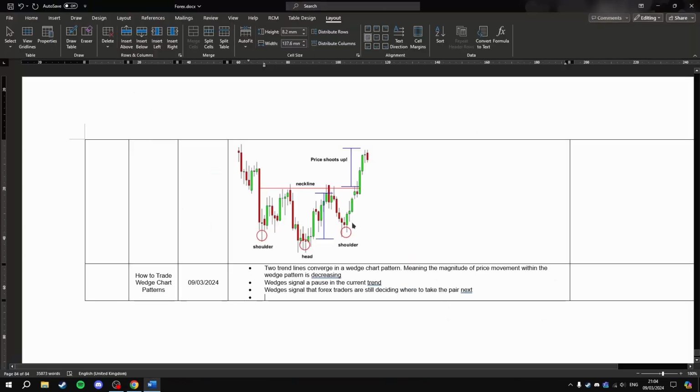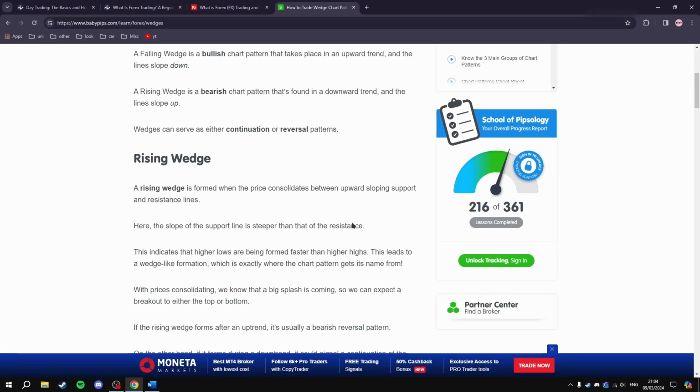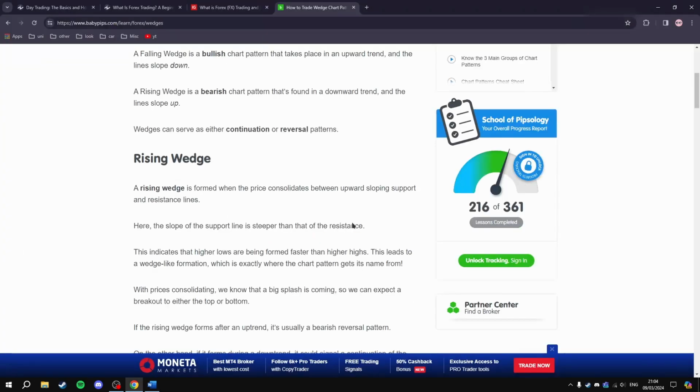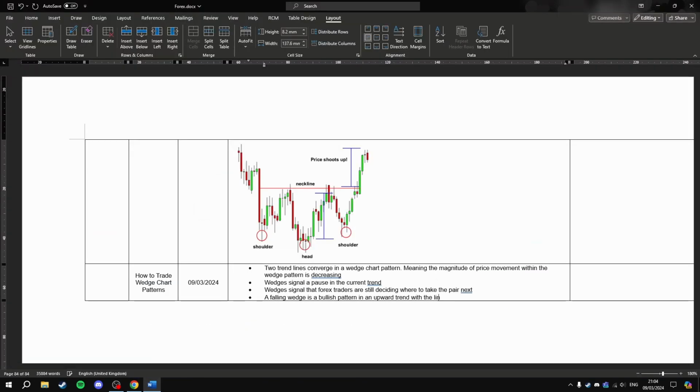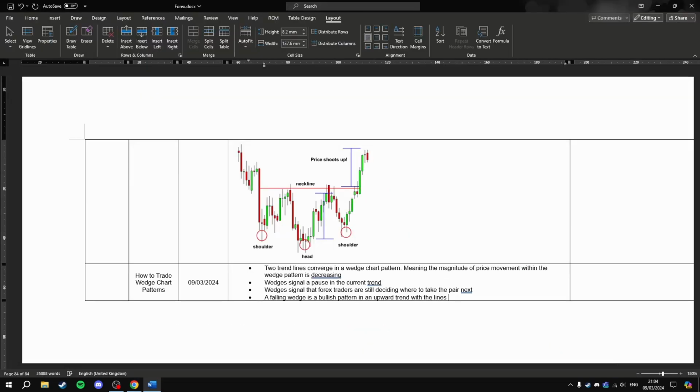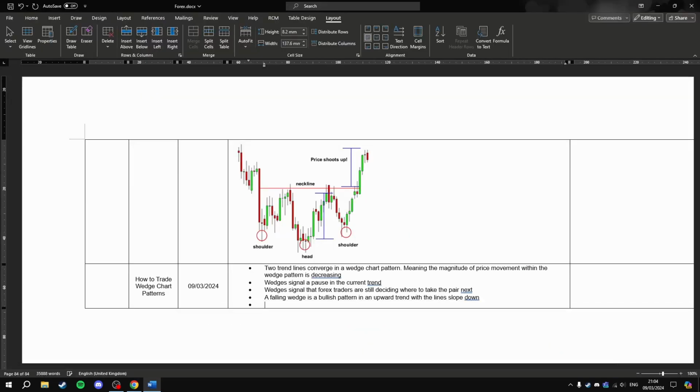Right, okay, so a falling wedge is a bullish pattern in an upward trend with the lines sloping down.